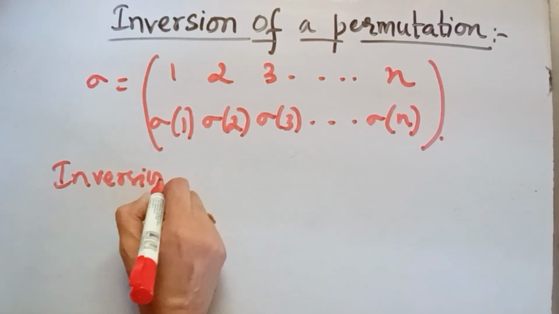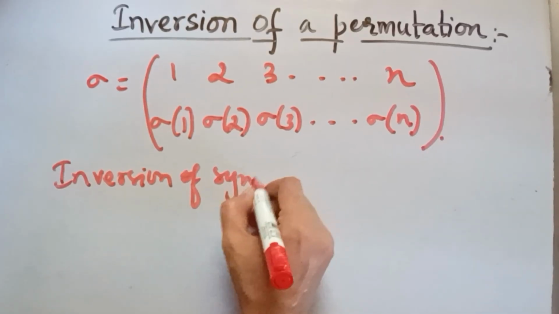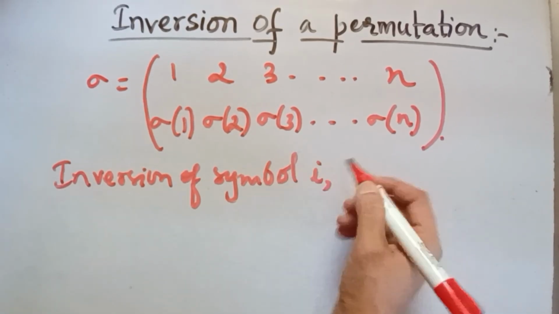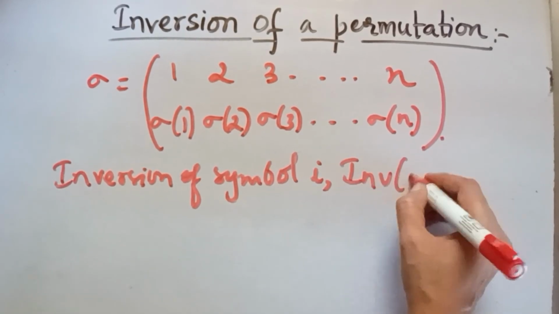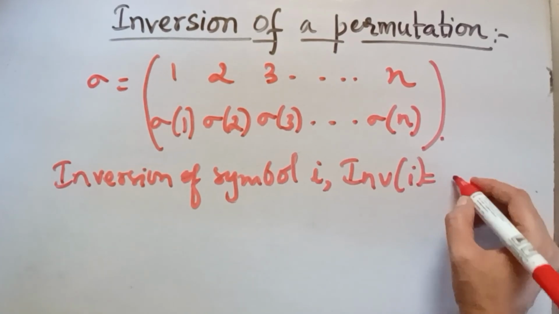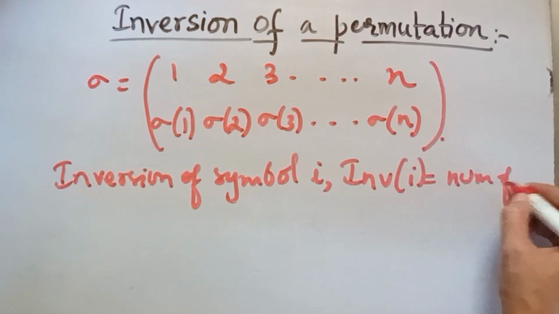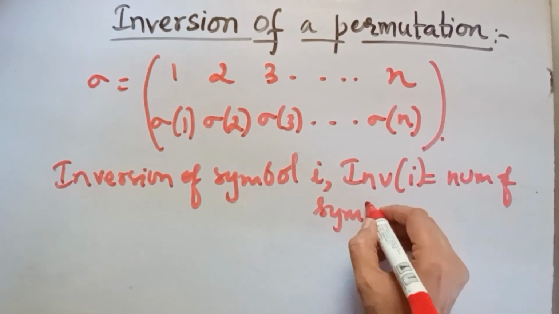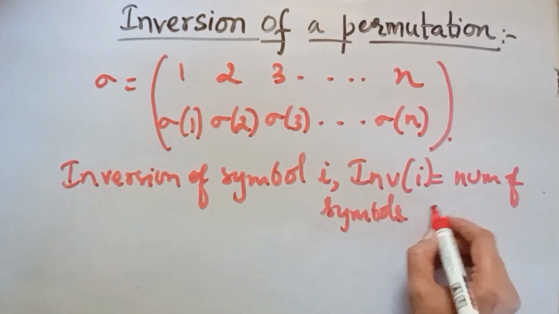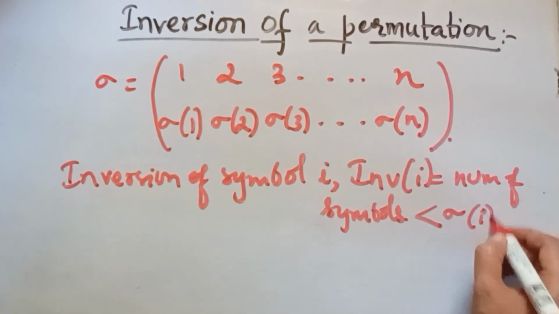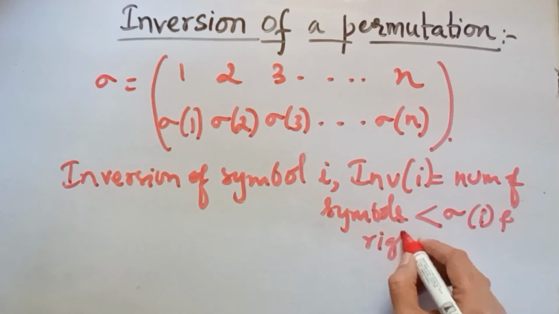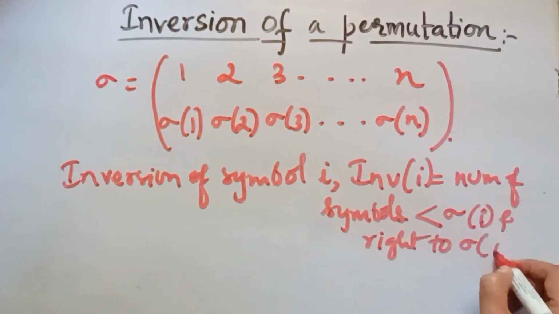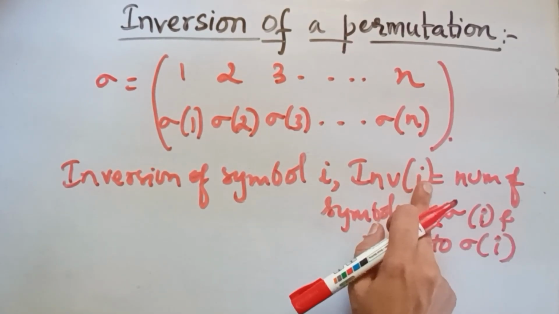Inversion of symbol i is denoted as inversion of i, which is equal to the number of symbols less than sigma of i and to the right of sigma of i. This is the definition of inversion of a symbol.